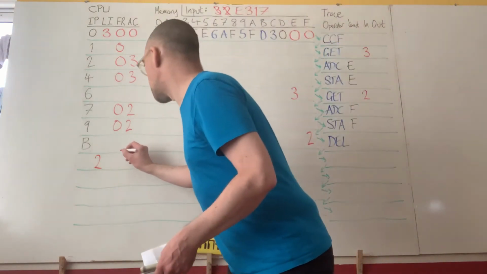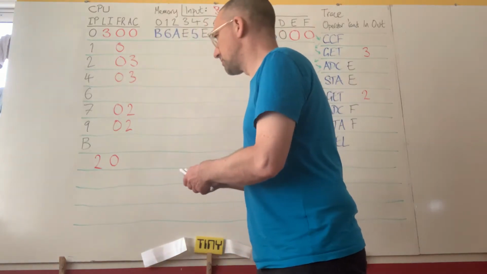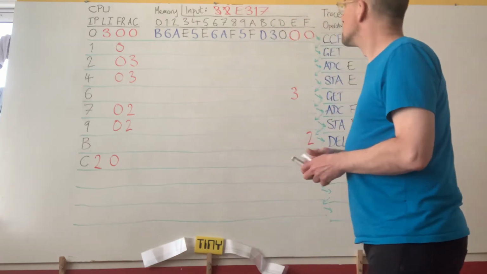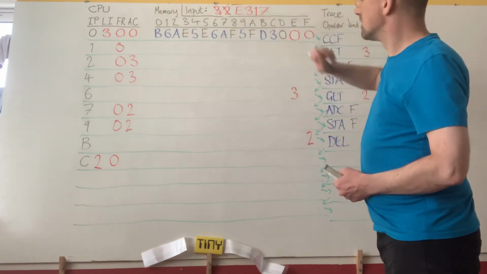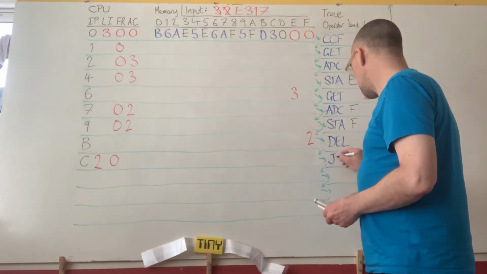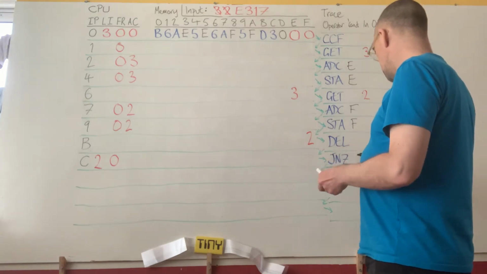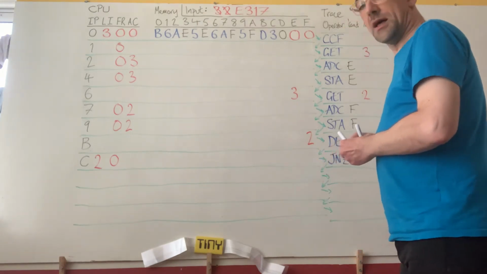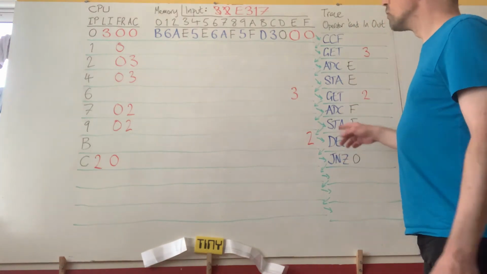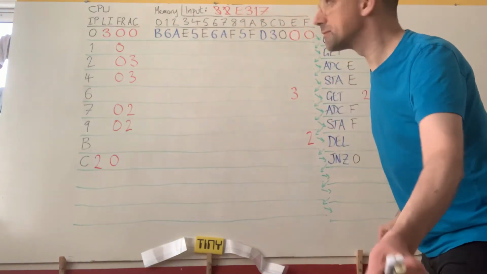So the 0 flag stays clear, and the instruction pointer moves on to C. What's at location C? Operator number 3. That's jump if not 0, with an operand of 0. And as the 0 flag is clear, we're being sent back round to the start of the program.